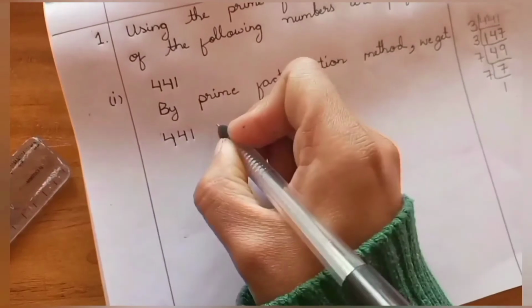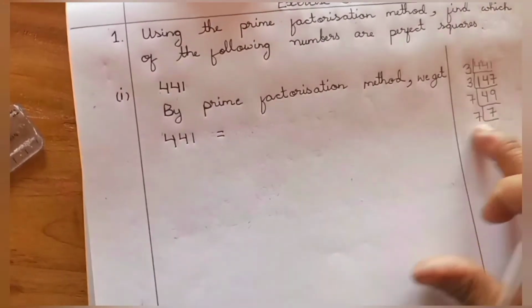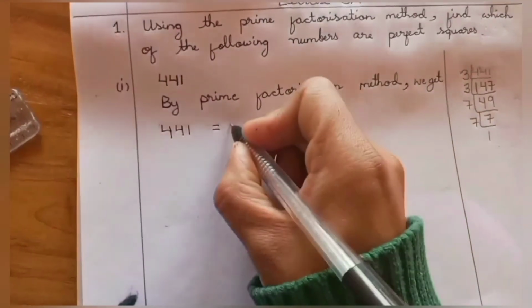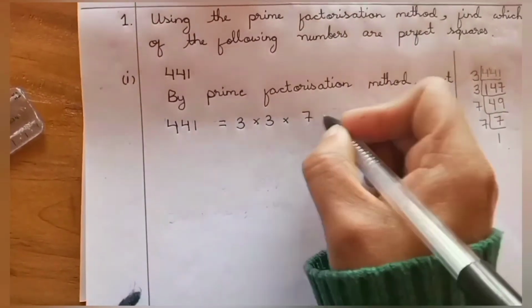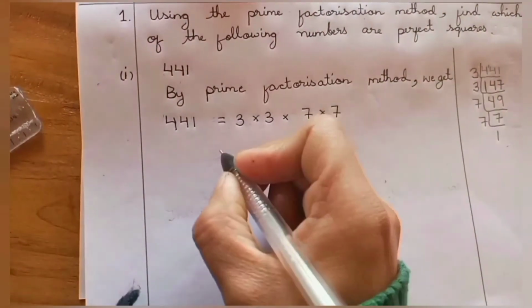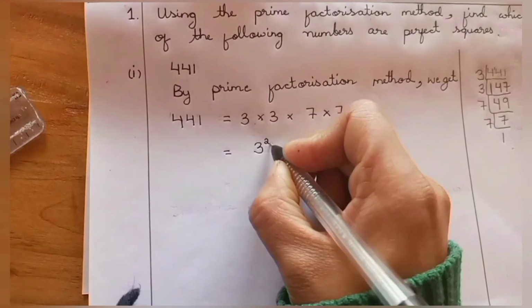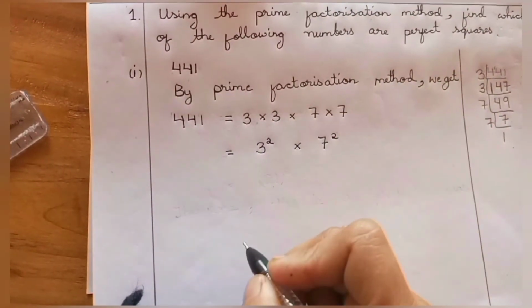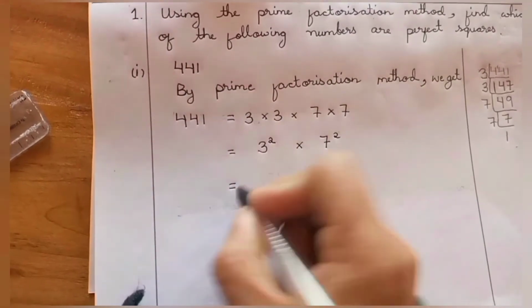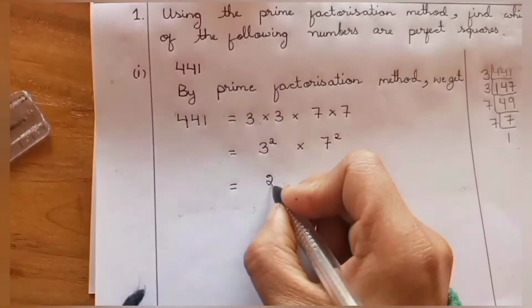441 is equal to, we will write the numbers which we have got on the rough side, that is 3 into 3 into 7 into 7. Now you will find that we get 3 two times, so we will write 3 square. And we get 7 two times, so you will write 7 square. So now multiply these bases. 3 into 7 is how much? 21.